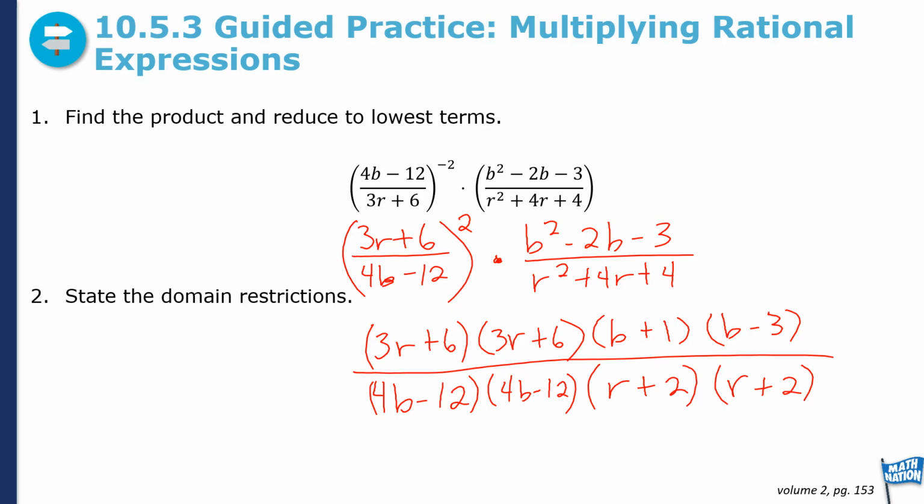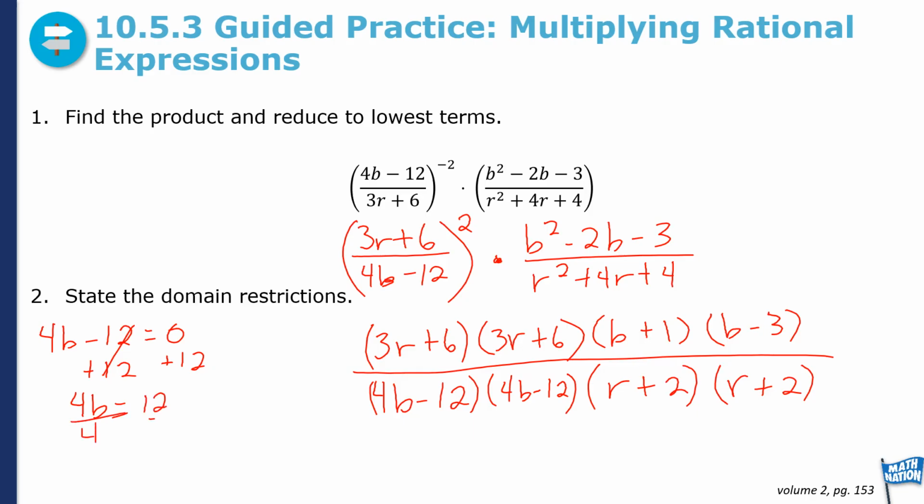And then what we will do is take our denominators. So here we have 4b, and we only need to do it once, minus 12 equals 0. And solve for b. So we're adding 12 to both sides. 4b is equal to 12.